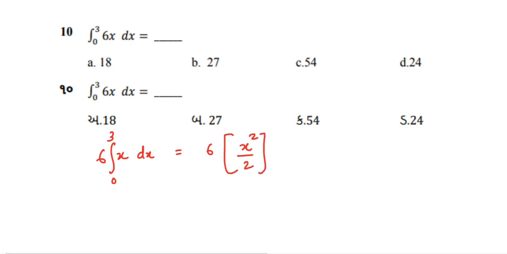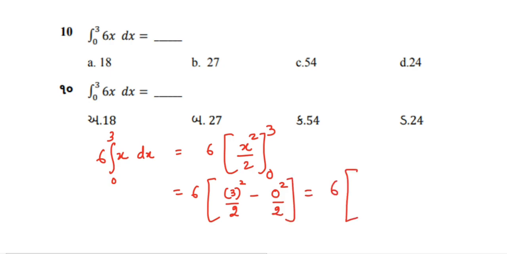The limit will be from 0 to 3, so I will put 6. Now upper limit minus lower limit means 3 square upon 2 minus 0 square upon 2. So it will be 3 3s are 9 upon 2. I will cancel this one: 2 1s are 2, 2 3s are 6, 9 3s are 27. So option number B is correct.